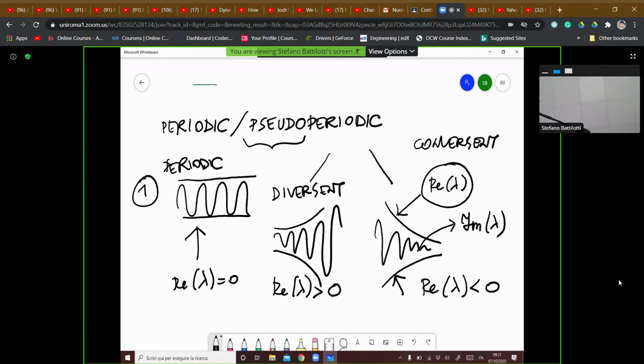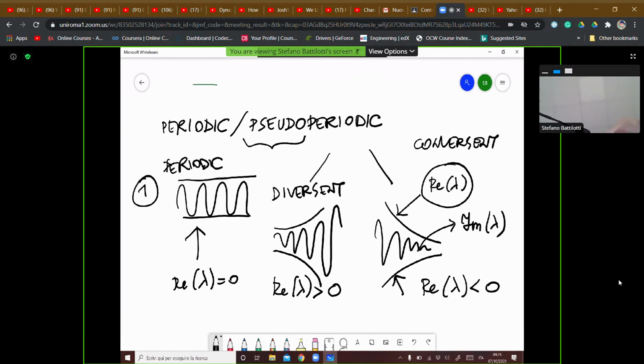Okay. So pseudo-periodic modes can be classified into constant, divergent, or convergent. Particularly when the pseudo-periodic mode is constant, we simply say that it is periodic.